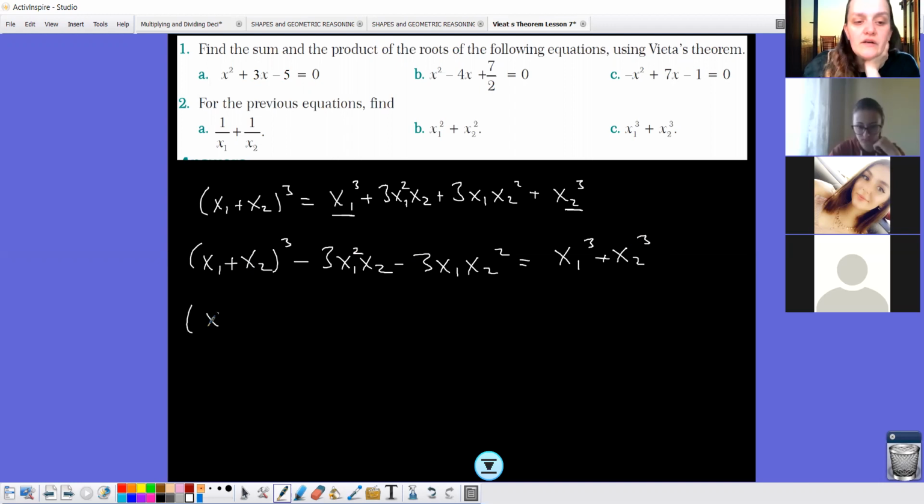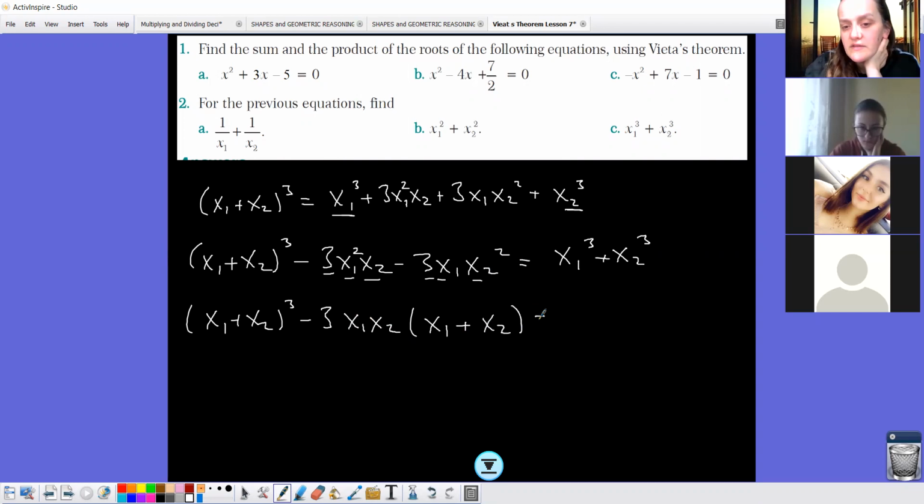And then here we have x1 plus x2 cube. Here what we have in common is 3x1 x2 in both. I'm taking in front of the parentheses minus 3x1 x2, then x1 plus x2 is left in the parentheses, equal to x1 cube plus x2 cube.